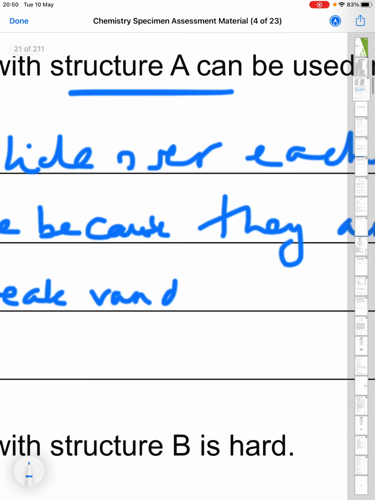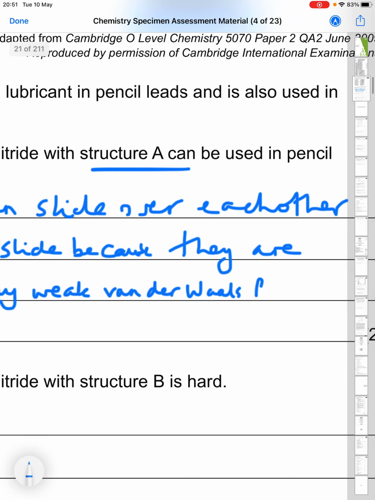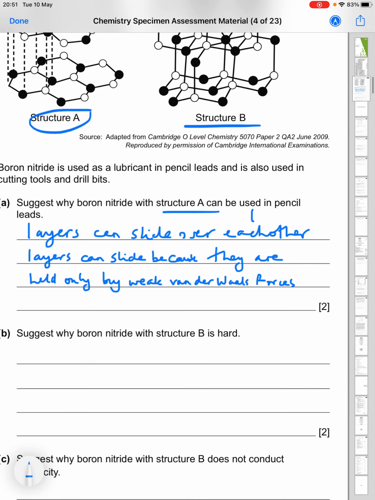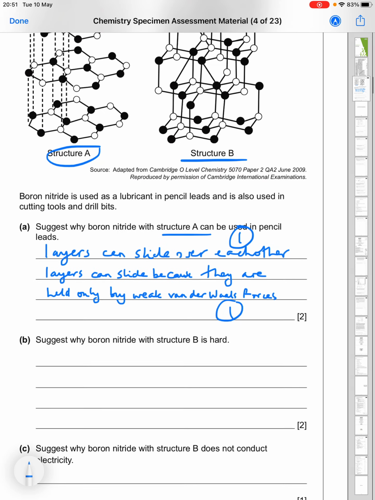And we know that those weak forces are van der Waals. So 1 mark for saying they're sliding and 1 mark for the van der Waals.